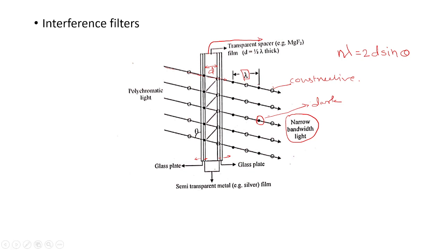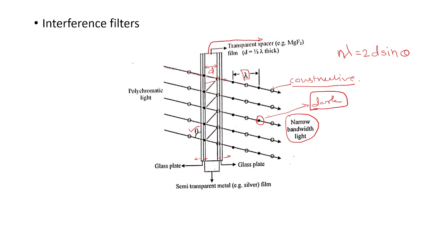Here theta is the angle of incidence, d is the distance here, lambda is wavelength, n is the multiple of lambda, and 2 is constant. So if this condition is fulfilled, n lambda equals 2d sine theta, then only you will get the constructive interference. Otherwise you will get these dark points. Dark point means the light gets blocked in a way. In short, you can say the other light with different wavelength will get blocked.